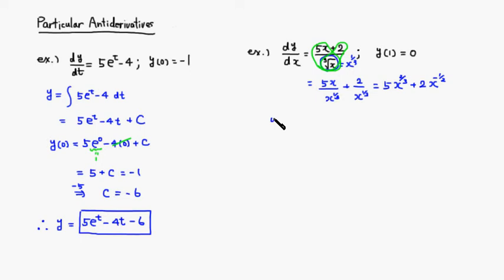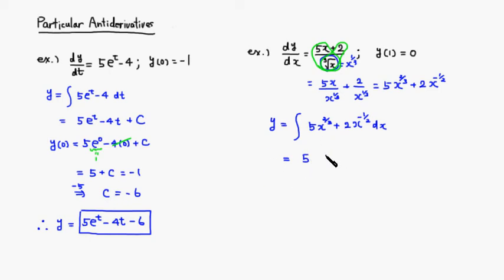Let's try to find the original function y. So y is going to be the antiderivative of 5x to the 2/3 power plus 2x to the negative 1/3 power, with respect to x in this case. So let's do that. 5 is a constant multiple, so I put it in front.